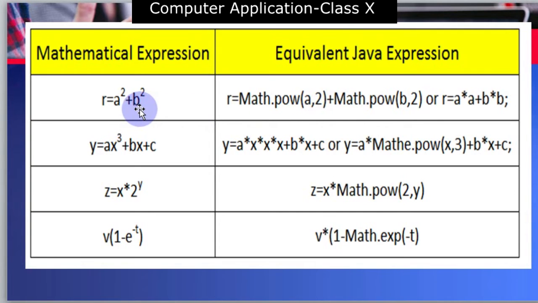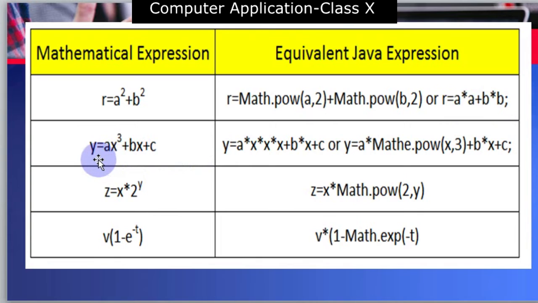So whenever you have a square, you should write the function as Math.pow, and the square you should maintain as b, 2. This is one way of writing the equivalent Java expression. The other way is r = a*a + b*b, where you directly write a into a, plus b into b.